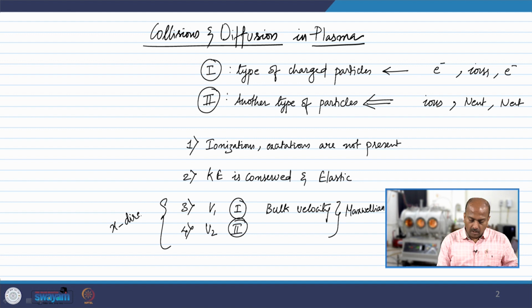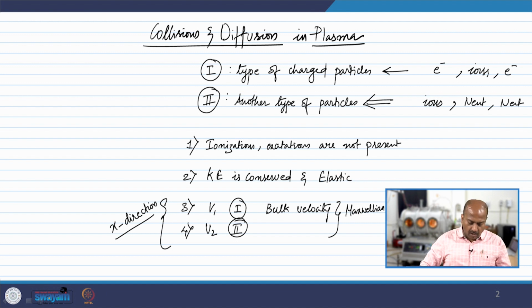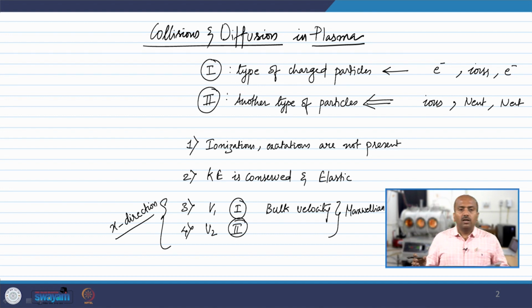So, we are considering an oversimplified picture, which is just in the x direction. Obviously, when the particles collide, the transfer of bulk momentum happens in the x direction, and this bulk momentum transfer happens in such a way that the individual particle velocities do not really matter.